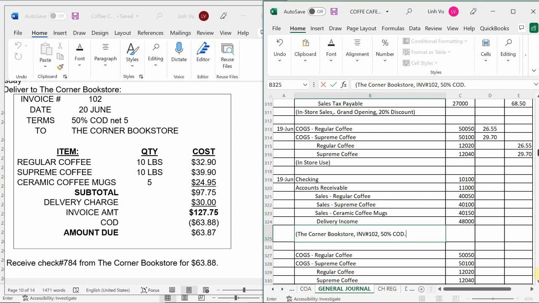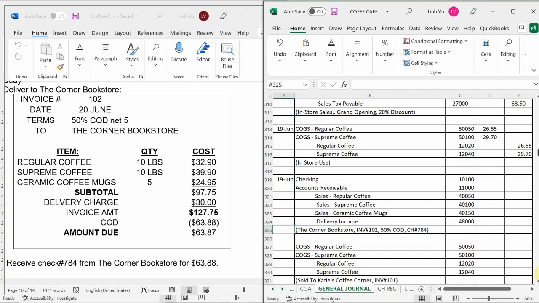And we received their check number 784. Okay. Oh, we also have to make a note here that it's 50% COD, net 5. So that means the bill is due in 5 days.